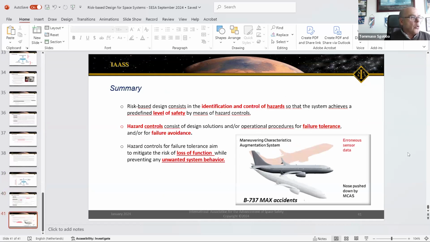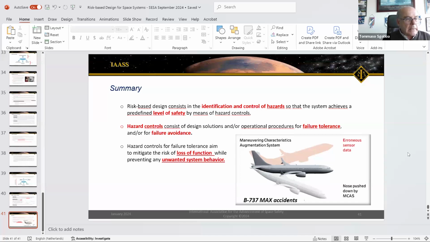And basically, I conclude with the following slide to say that risk-based design consists in the identification and control of hazards, such that the system achieves a predefined level of safety by means of so-called hazard controls. Hazard control consists of design solutions and/or operational procedures for failure tolerance and/or for failure avoidance, redundancy, or safety margins.